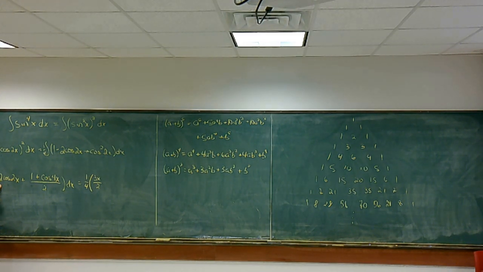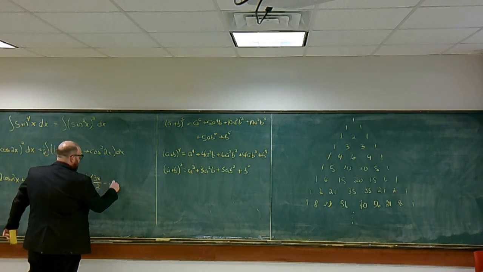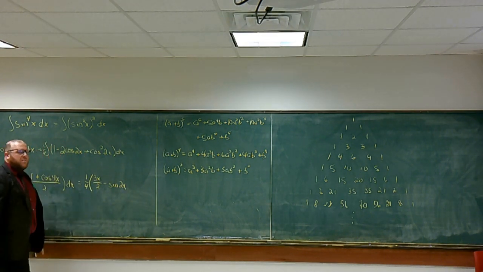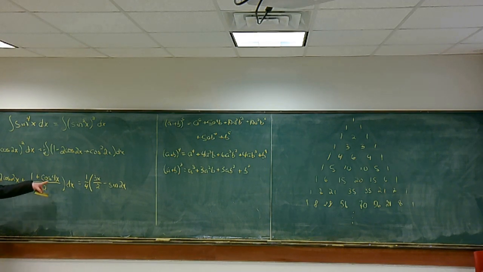Now times 2. Antiderivative of cosine 4x, using the same logic, it would just be a quarter sine of 4x, wouldn't it?